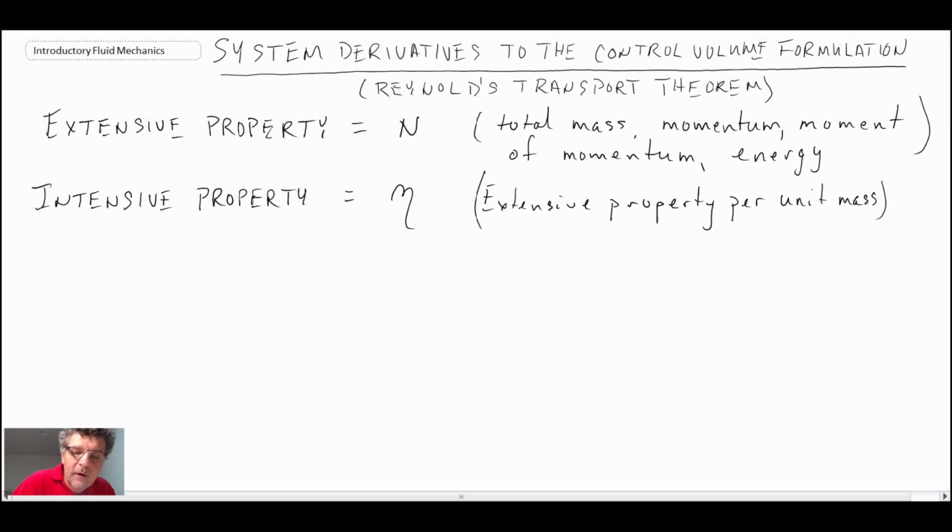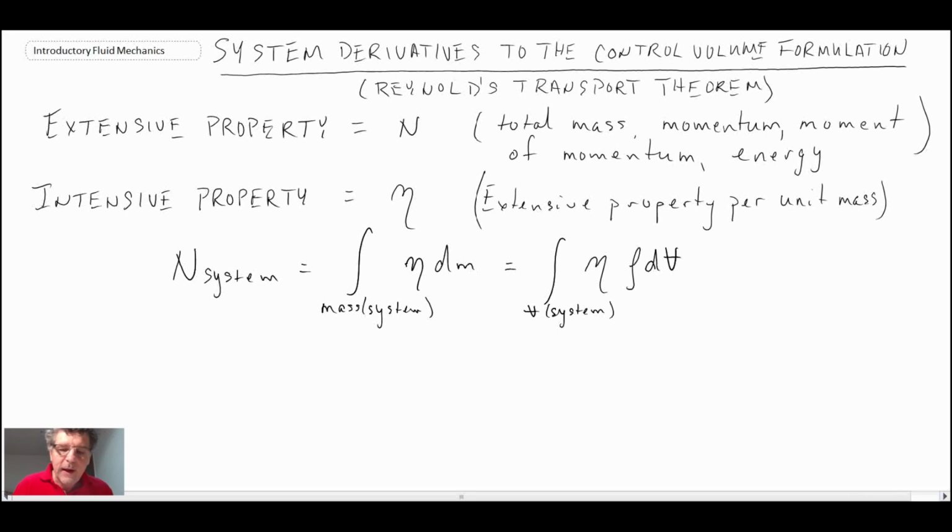And we're going to express this property as an integral across the system that we're looking at. So we can integrate the intensive property across the mass or across the system. And the properties that we're looking at are for the four governing equations or basic laws.